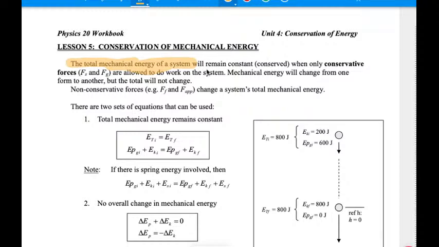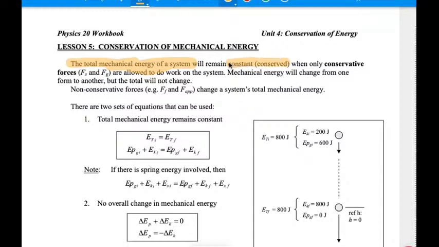So when we're looking at a system that is isolated, which means that it's separate from its environment, right? No energy is allowed to go in or to go out. So the total mechanical energy of a system will remain constant, right?